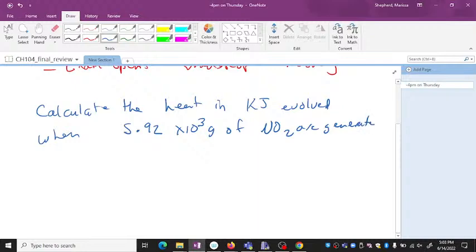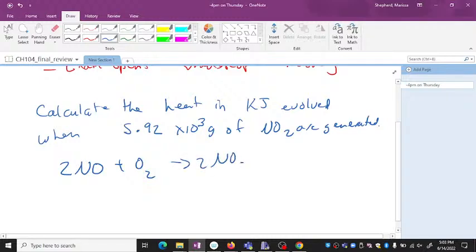And you're also given this equation, 2NO plus O2 gives you 2NO2, and the delta enthalpy of this reaction is negative 114.6 kilojoules per mole.